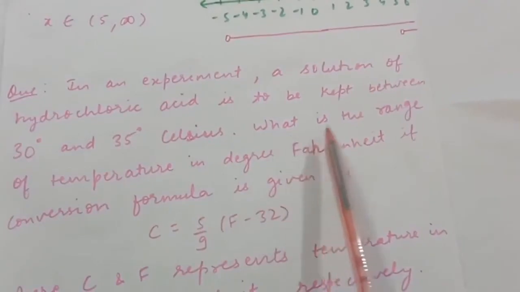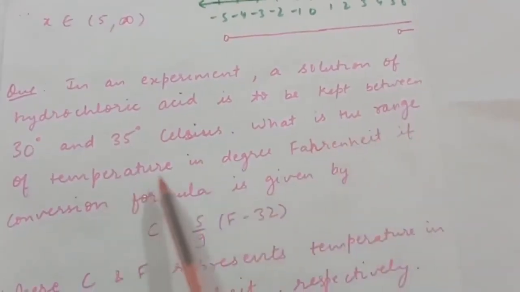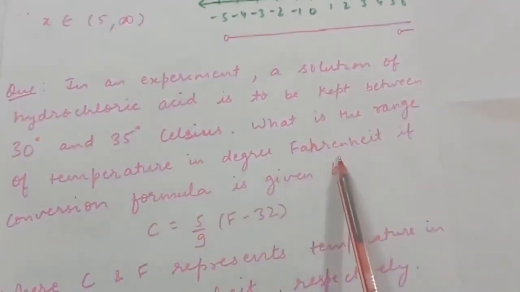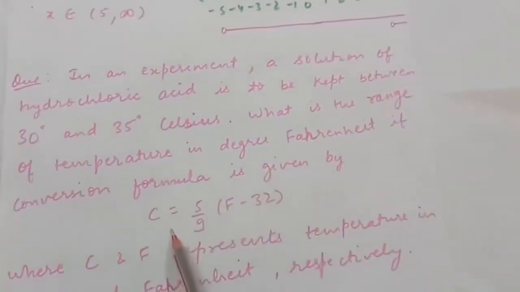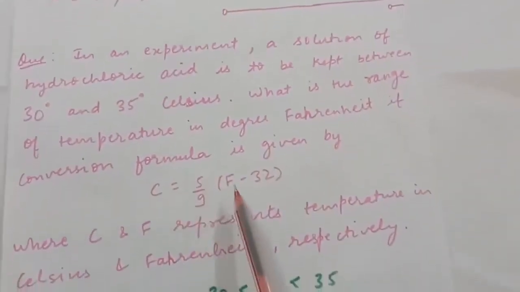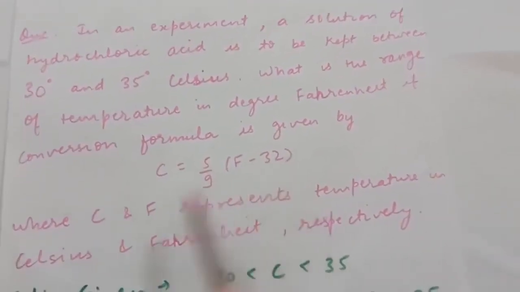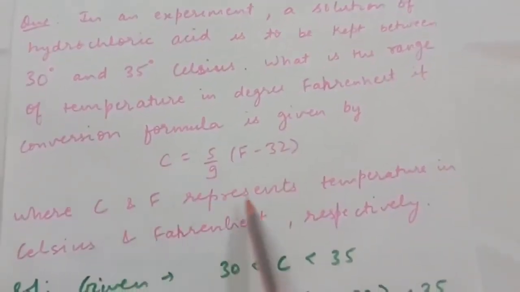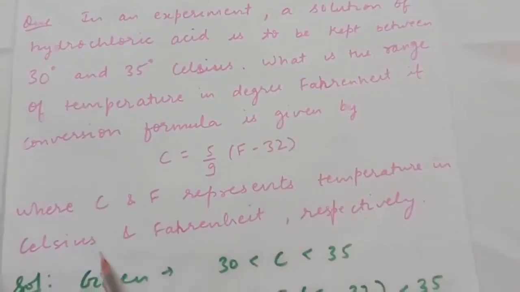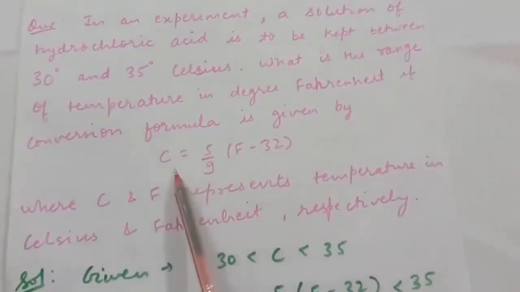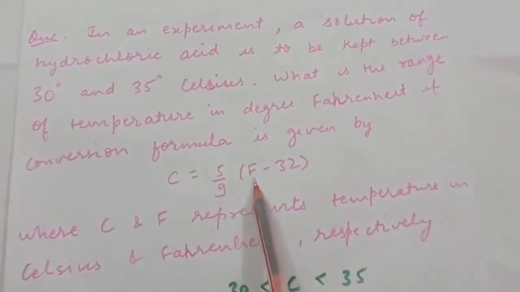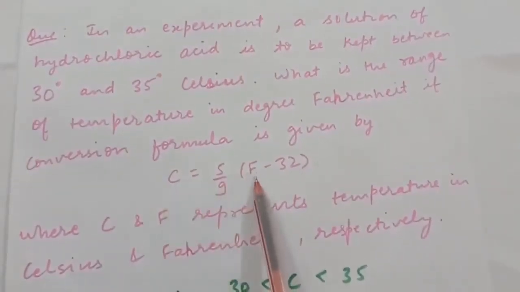Now they are asking what is the range of temperature in degree Fahrenheit if conversion formula is given by C = 5/9 (F - 32), where C and F represent the temperature in Celsius and Fahrenheit respectively.